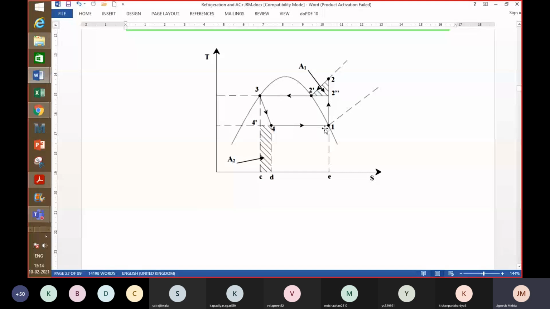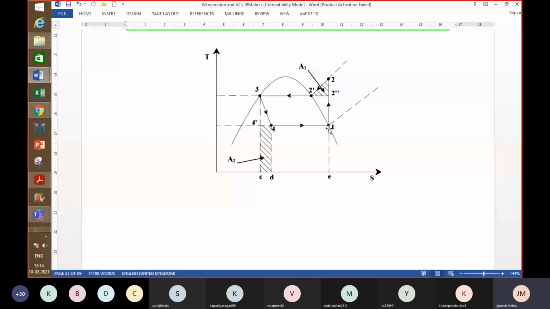So in the table which gives you saturated refrigerant properties for R134A, you should be able to get different properties of the refrigerant, including enthalpy at this point. So let us refer to the table and get that number. So we want to get h1.